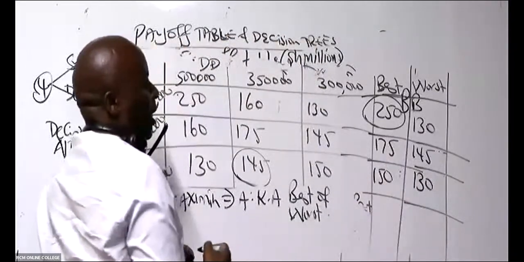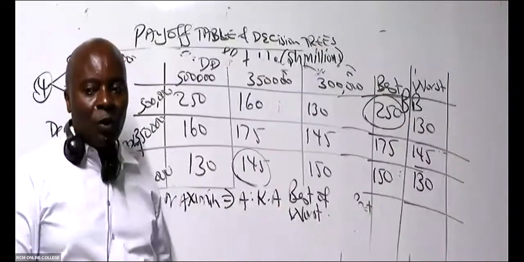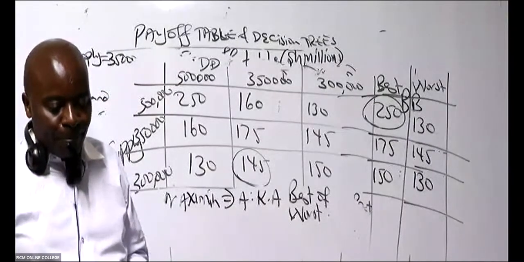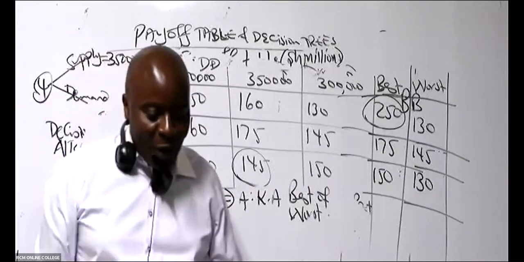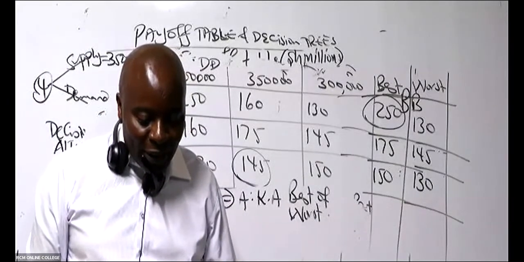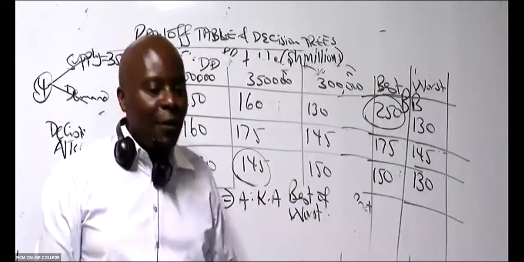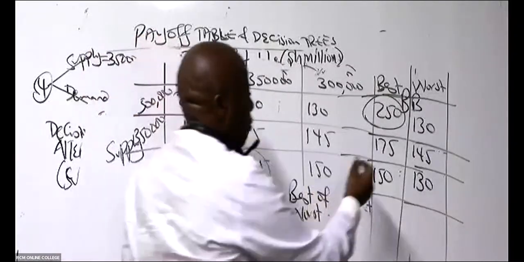So among the three, which one will be the BW, best of the worst? 145. So best of the worst there will be 145. So this is what we call BW.